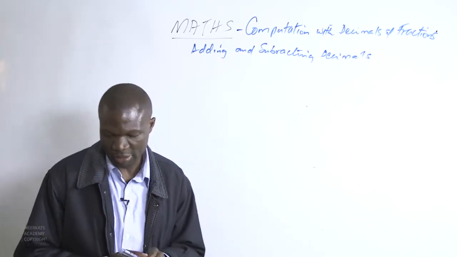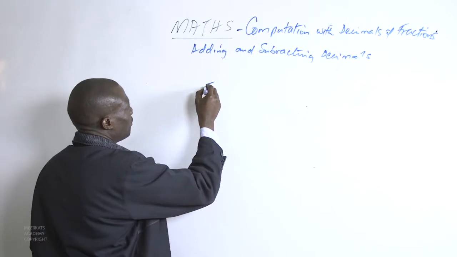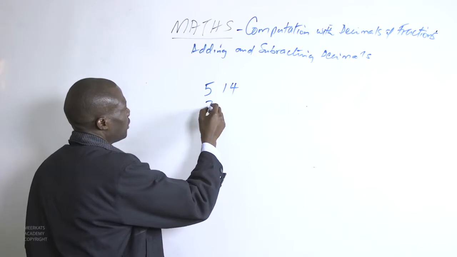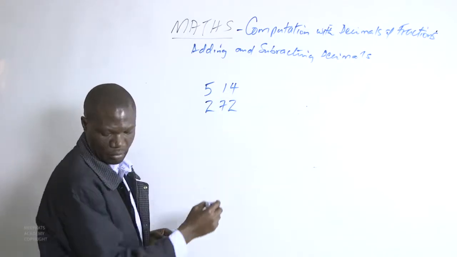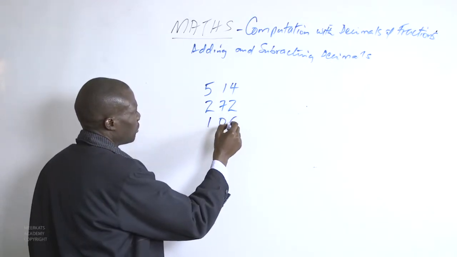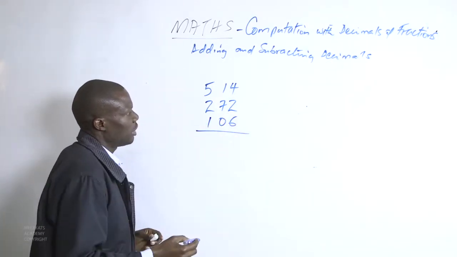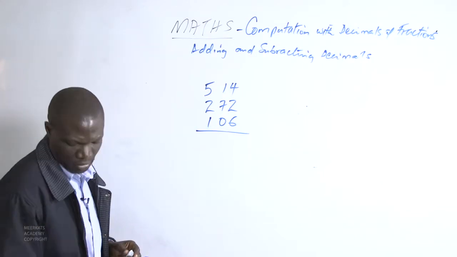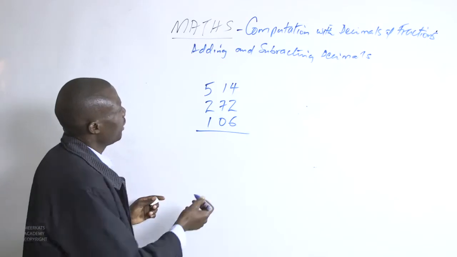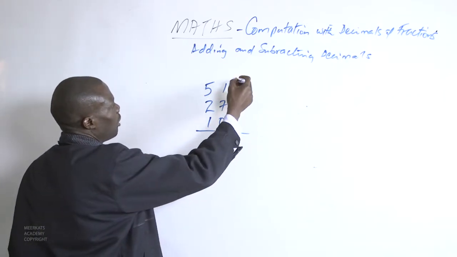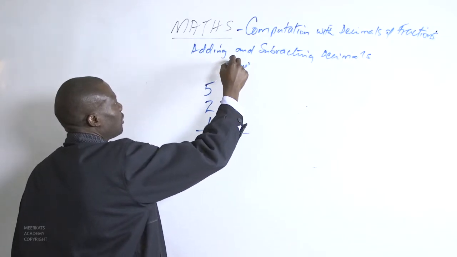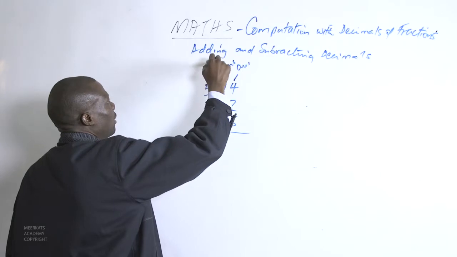Let us consider 514, 272, and 106. If we want to add these, you'll find that this column stands for ones, this one is for tens, and this one is for hundreds.